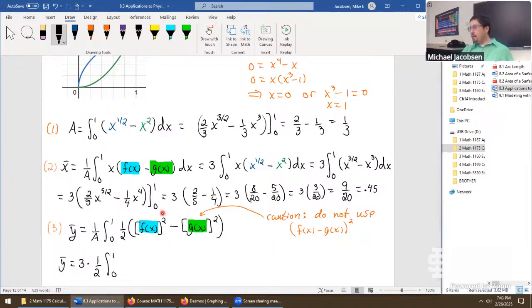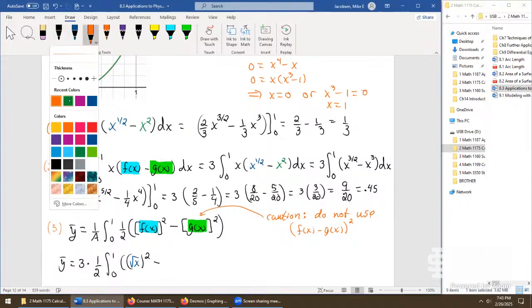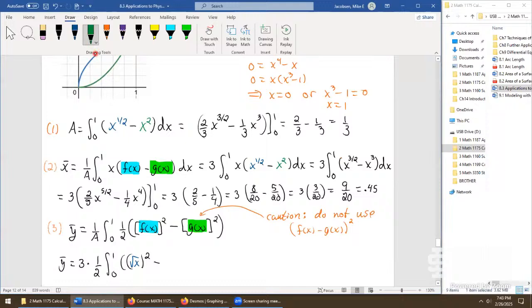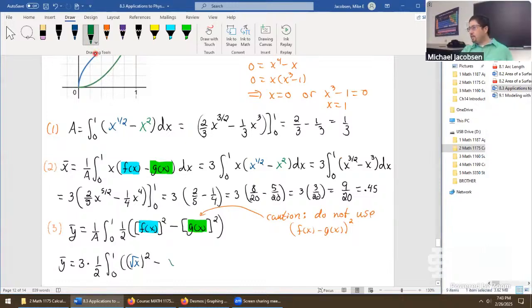Integrate from 0 to 1 of square root of x squared on the first term minus g of x, which was x squared, squared on the second term.